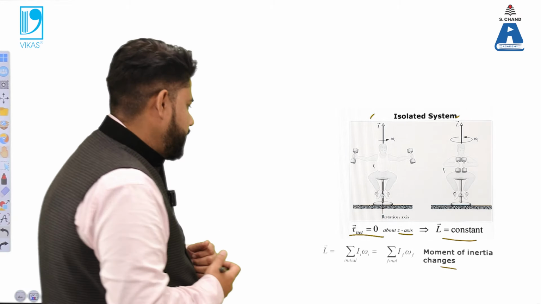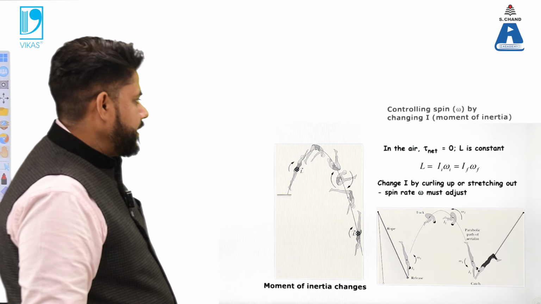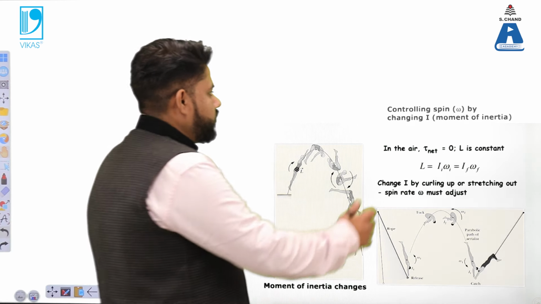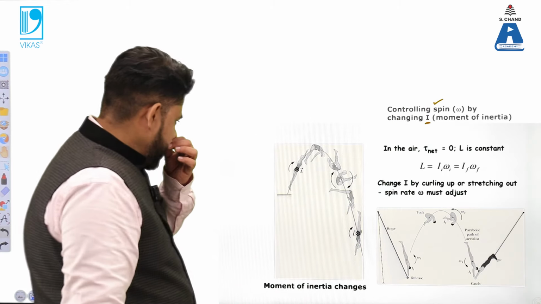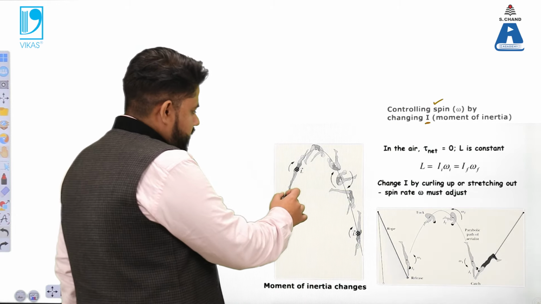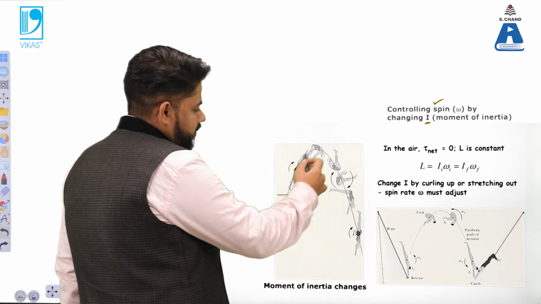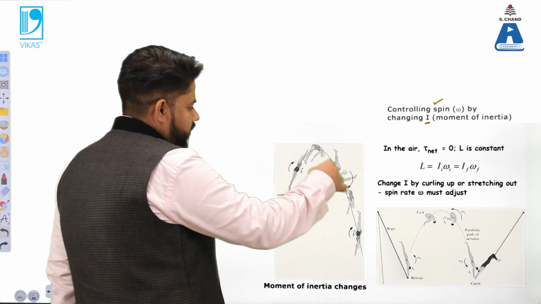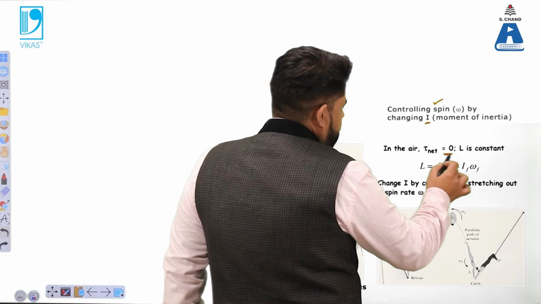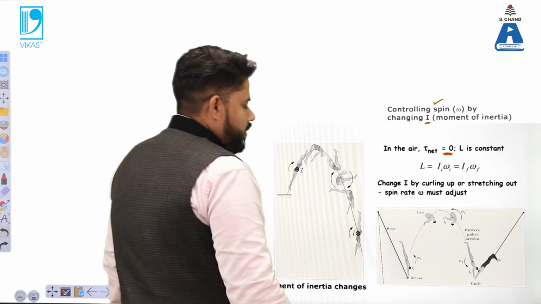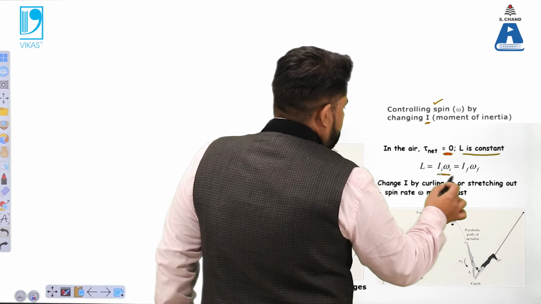The reason is the conservation of angular momentum. Another good example is how we control the spinning action when a person takes a jump, let's say from this location to this location, and controls the spin. This is also the case of an isolated system in which the net force is zero and the angular momentum remains conserved.